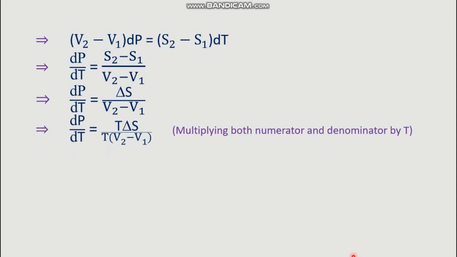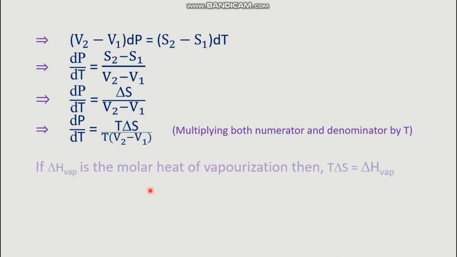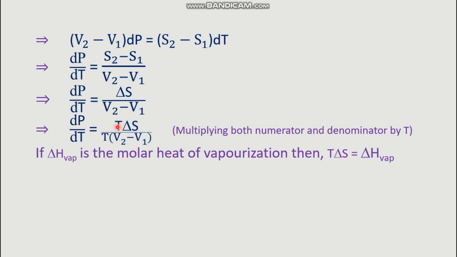And if both the numerator and denominator of the right hand side are multiplied by temperature T, then it takes the form dP/dT equals T delta S over T into (V2 minus V1), where T delta S is actually involved due to vaporization of the liquid, and this is nothing but the enthalpy of vaporization. Therefore, if delta H vap is the molar heat of vaporization, then T delta S can be replaced with delta H vaporization.